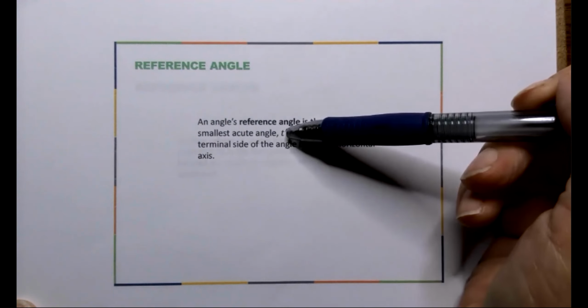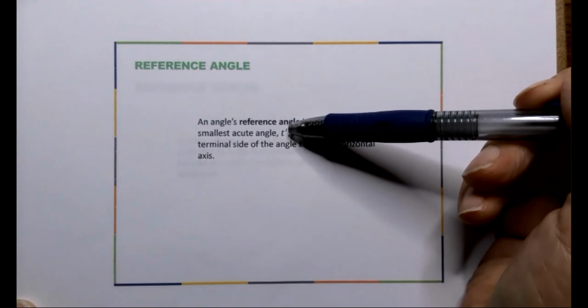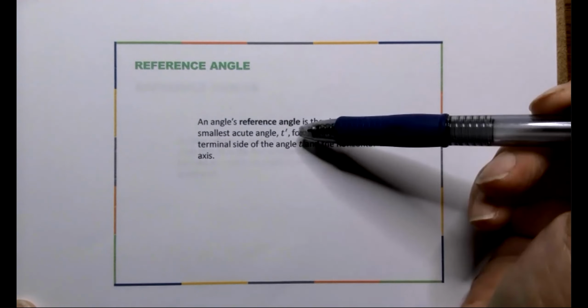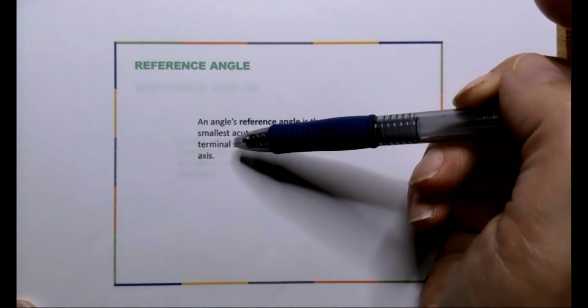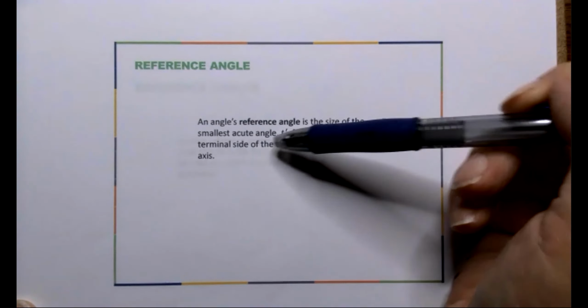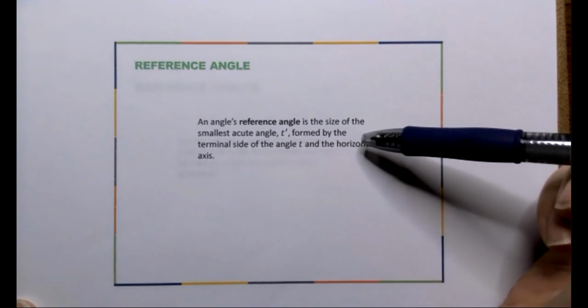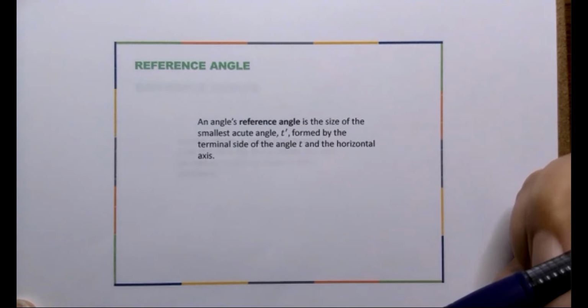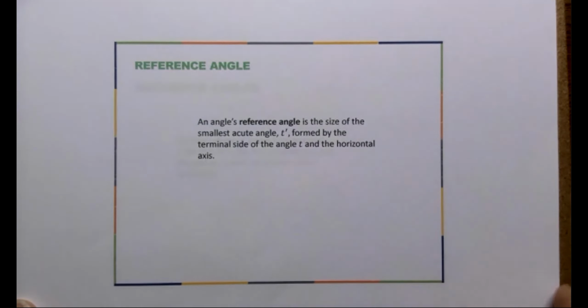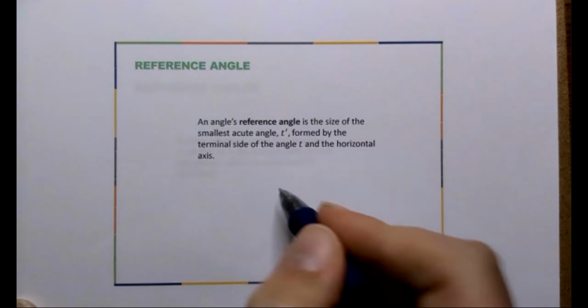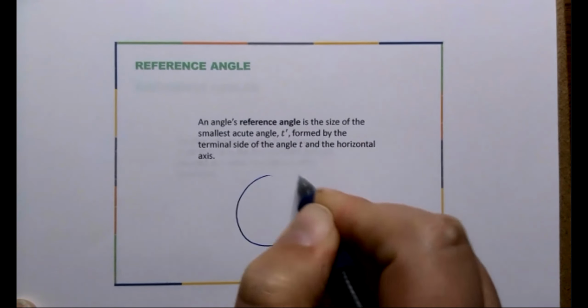We call it T prime. So T prime is a reference angle of angle T, formed by the terminal side of the angle T and the horizontal axis. So, for example, here's our circle.